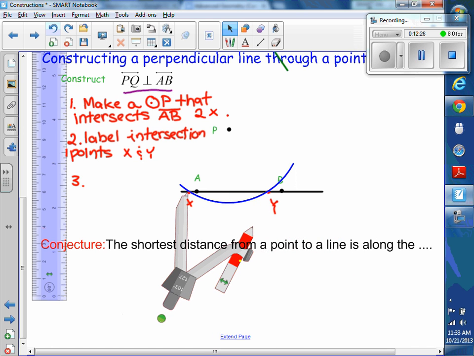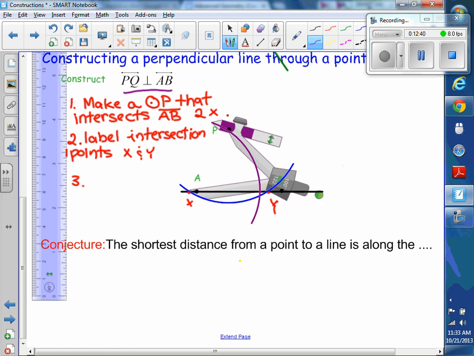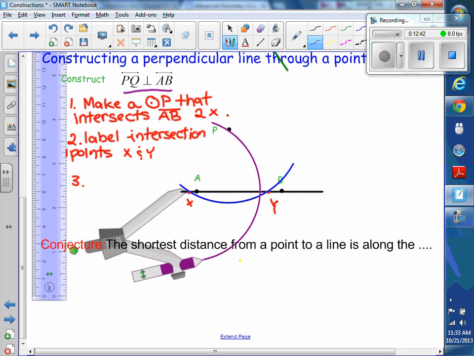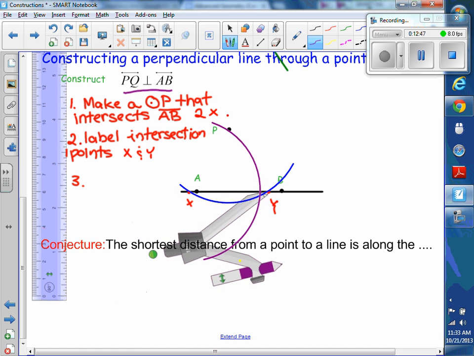We always use our new points of intersection, and make the radius larger than halfway between X and Y. We're going to do the same thing we did on the last one, going beyond the halfway point of X, Y, and doing the same thing above.